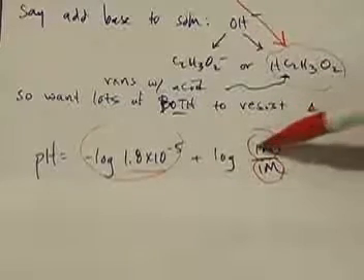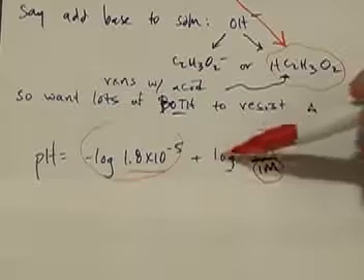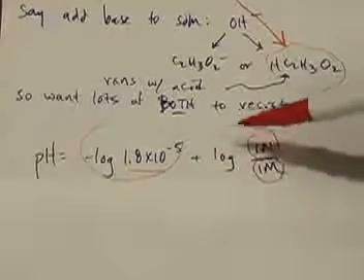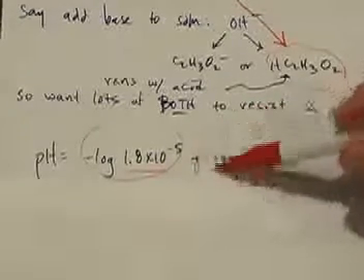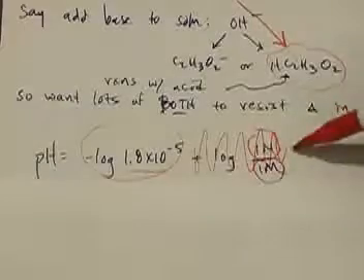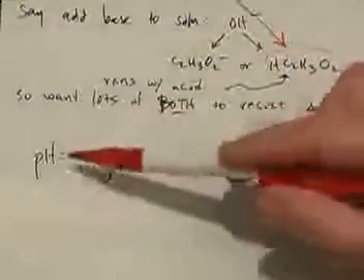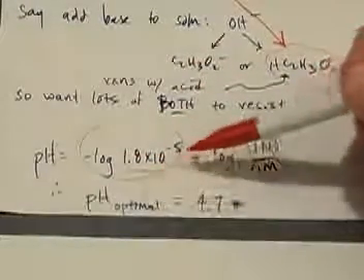Well, this is really convenient, because 1 divided by 1 is 1, and what's the log of 1? Well, the log of 1 is 0, right? So this whole thing then goes away. And what is my optimal pH? Well, it's just the negative log of the Ka. Therefore, the pH, optimal pH, if you take the negative log of this, is about 4.7.